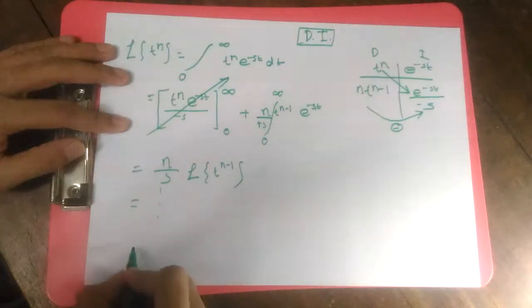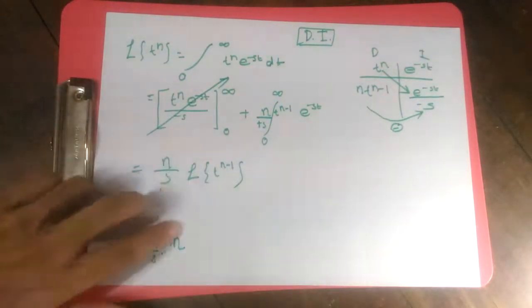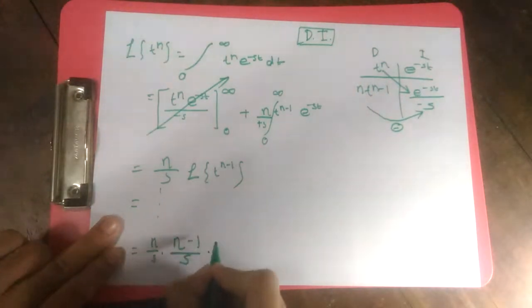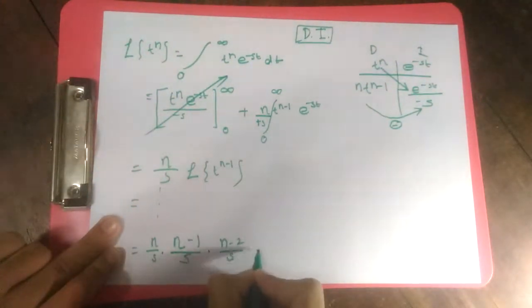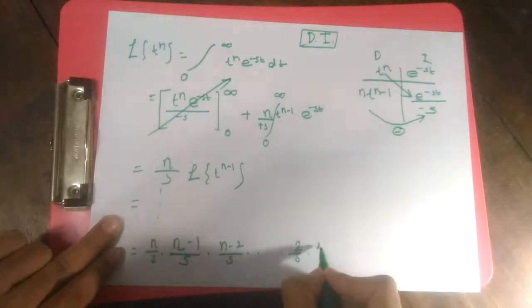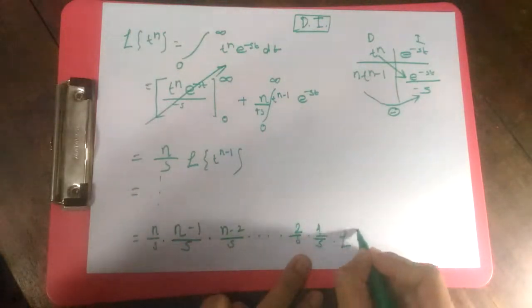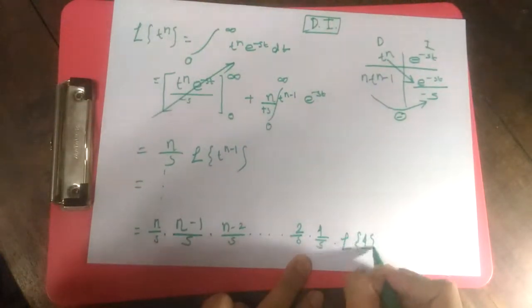So we can do it in this way, and ultimately the hierarchy will be: for this term we will get n minus 1 over s, for the next term we will get n minus 2 over s, and it will go on till 2 by s, 1 by s for t, and ultimately we will get the Laplace transformation of 1.